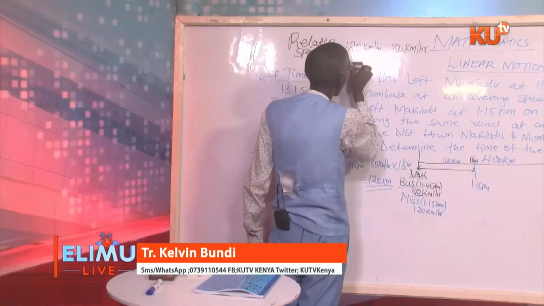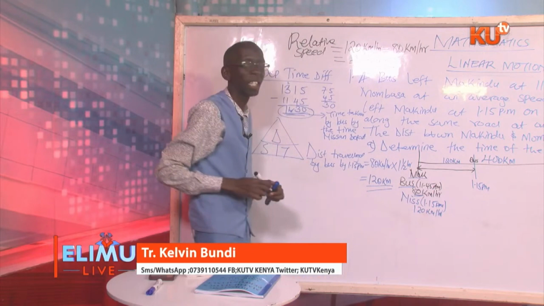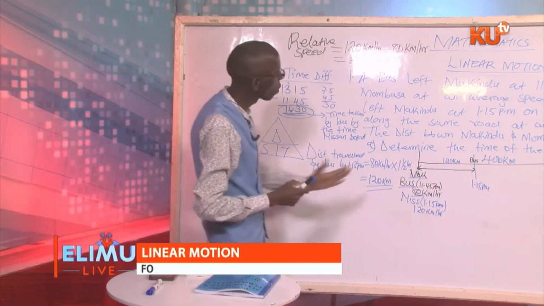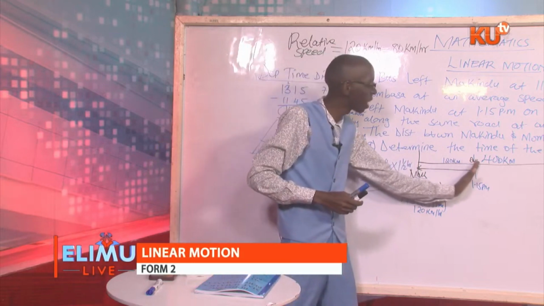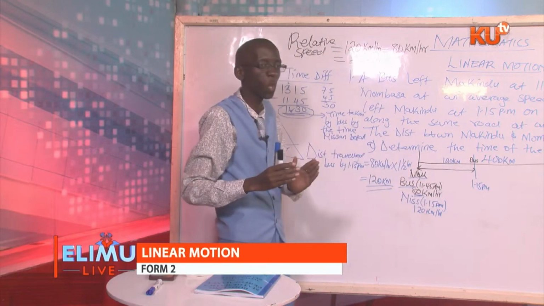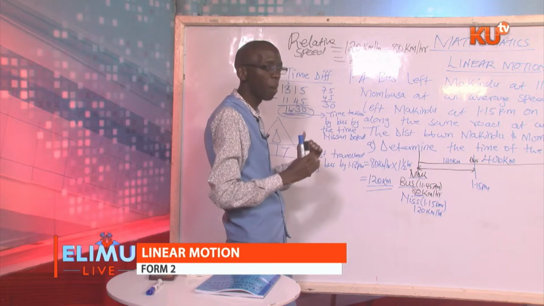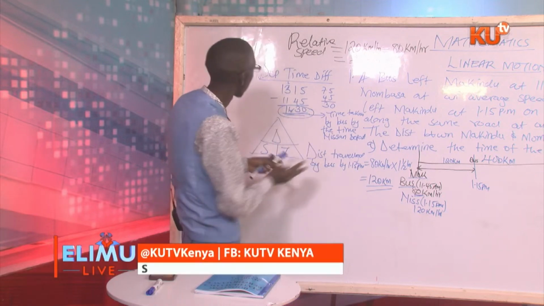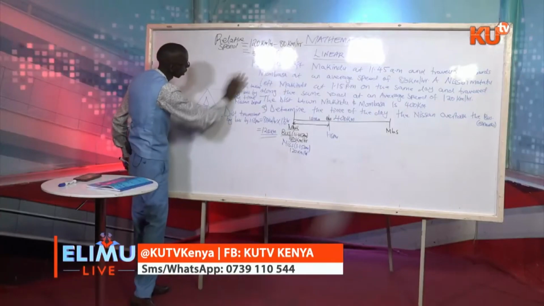Now, my dear student, we have the relative speed and we have the distance between the two vehicles by 1:15 p.m. We are going to get the time taken. I believe that you have written this.